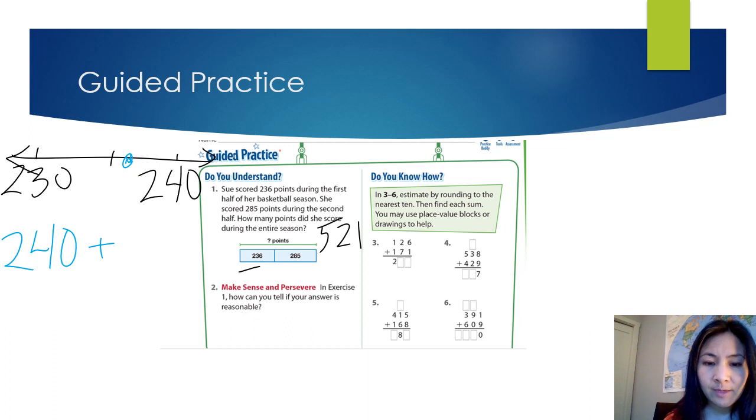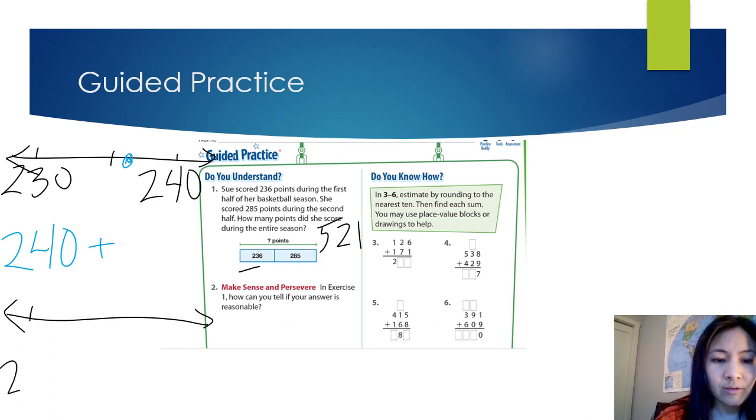Now we want to estimate 285 rounded to the nearest 10. So 285 is going to be right in the middle, right?